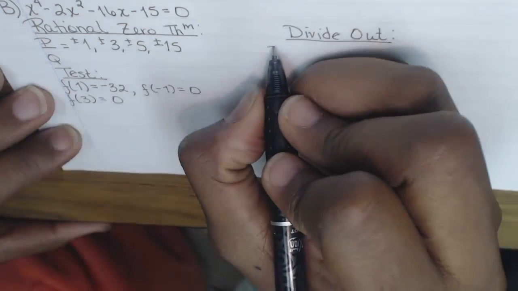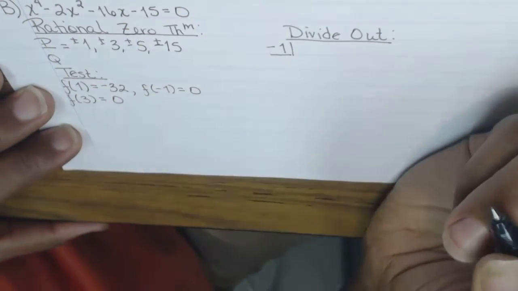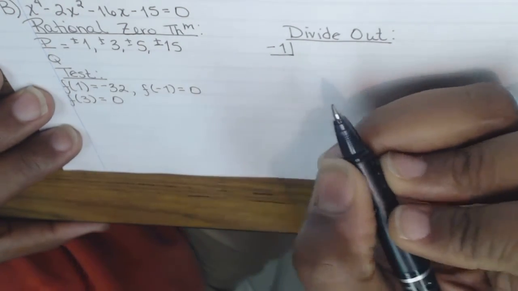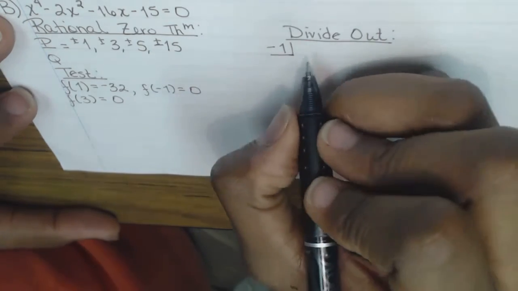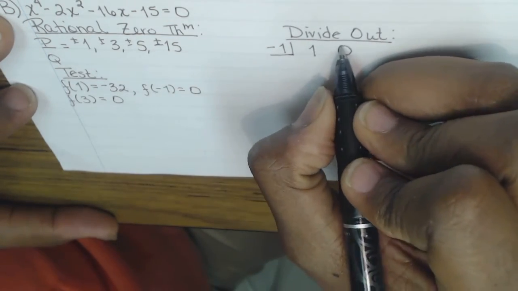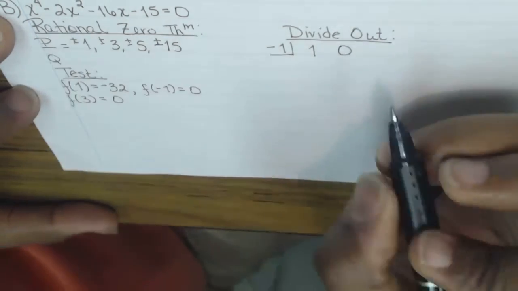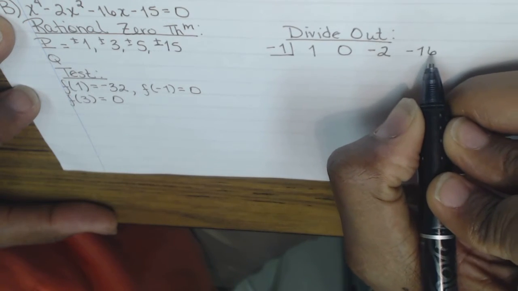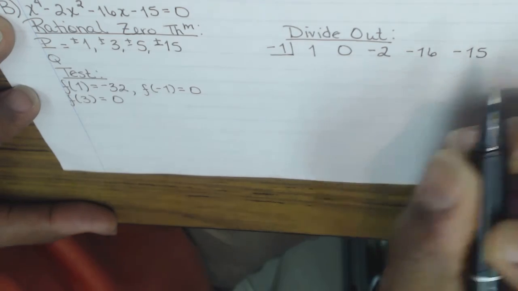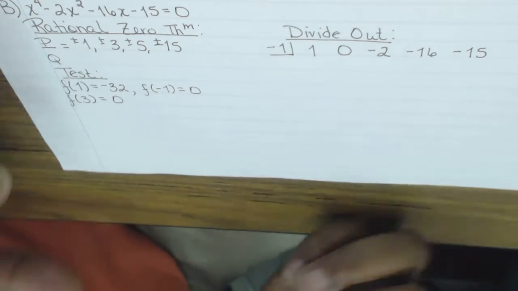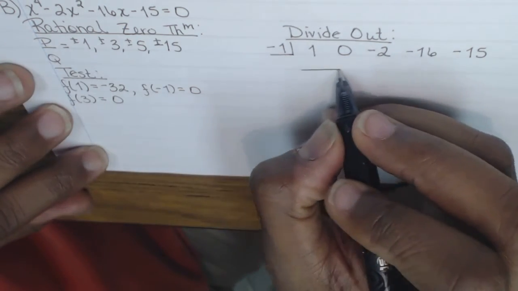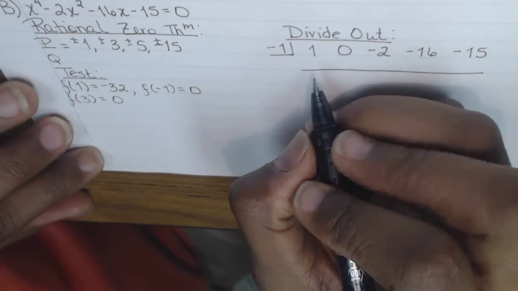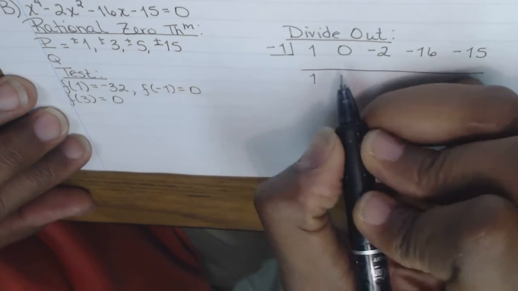So negative 1 was an answer. And I will take my coefficients: 1, 0, because I have no cube in this question, minus 2, minus 16, minus 15. 4, 3, 2, 1, 0. Bring down the 1.